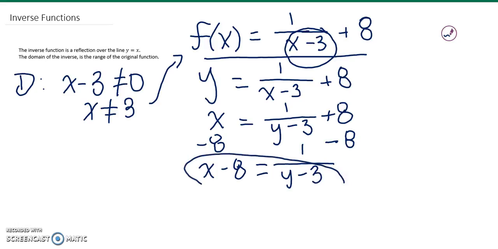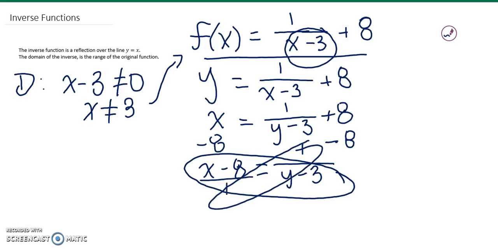We can cross multiply, setting x minus 8 over 1, and we are left with 1 equals x minus 8 times y minus 3.